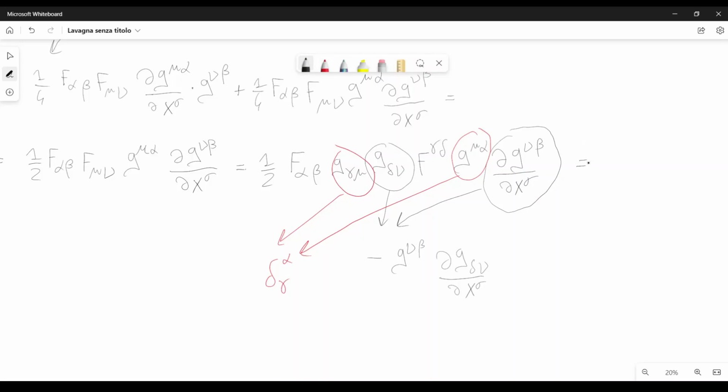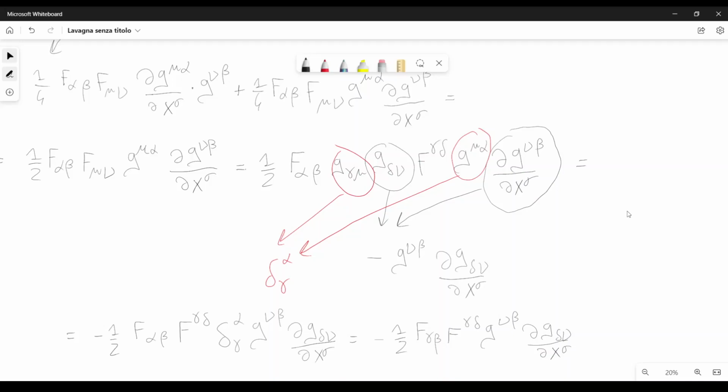So this expression will be equal to minus 1/2 F alpha beta F gamma delta Kronecker delta alpha gamma G nu beta derivative of G delta nu with respect to x sigma, and this is also equal to minus 1/2 F gamma beta F gamma delta G nu beta derivative of G delta nu with respect to x sigma.